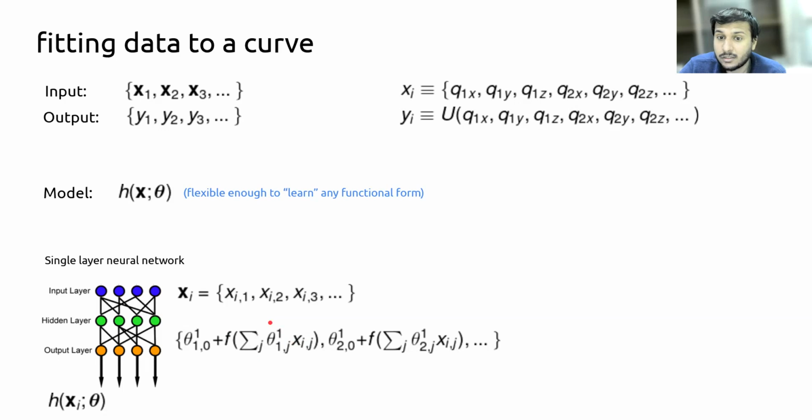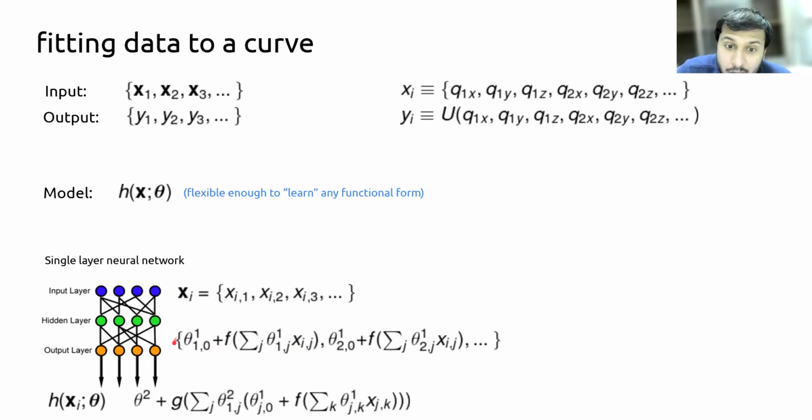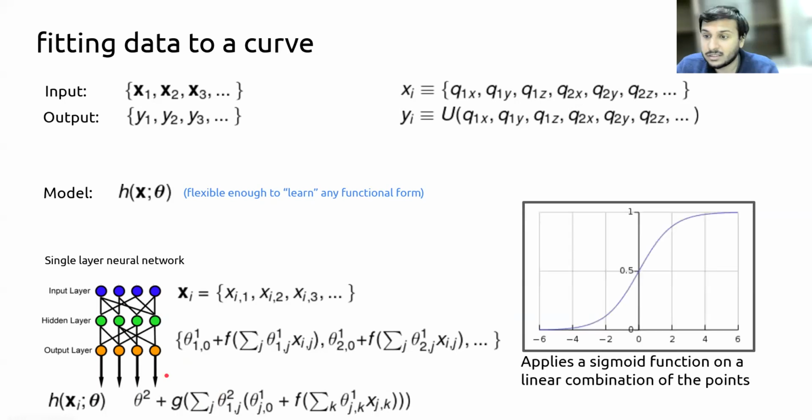And then that gives you these points. The next layer would be again another matrix multiplication of these nodes, and then you apply yet another function on top of that.